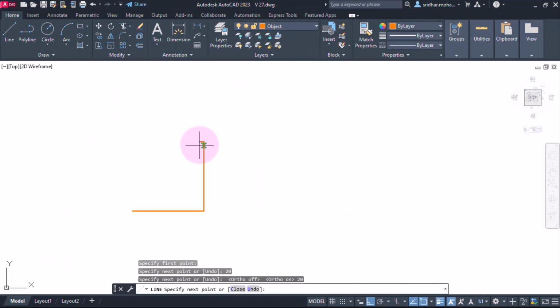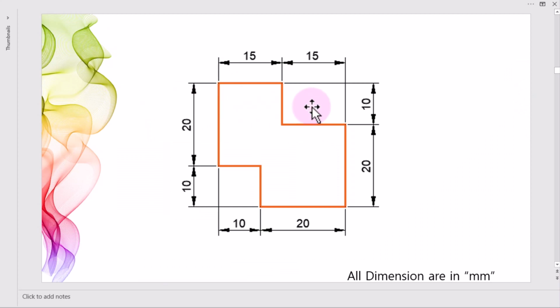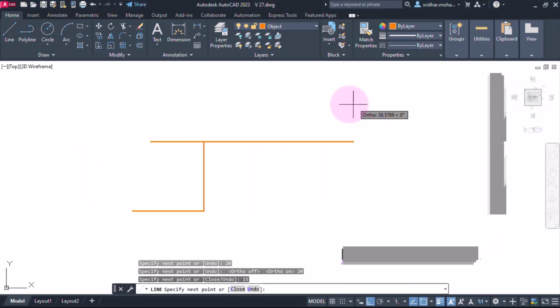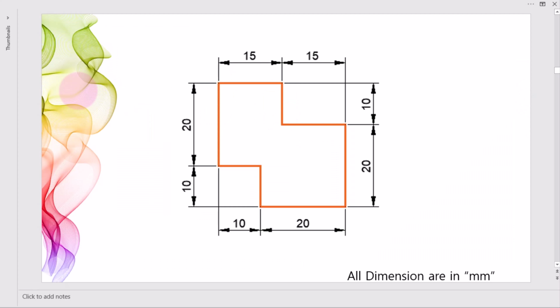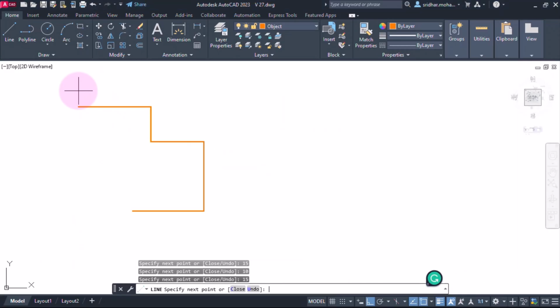So from my previous point to the left side the value is 15. I type 15 and enter. And again it wants to move upward, it's 10 mm. So again upside 10 mm. Next, again right side to left side, the value is 15. So now I press 15, enter.